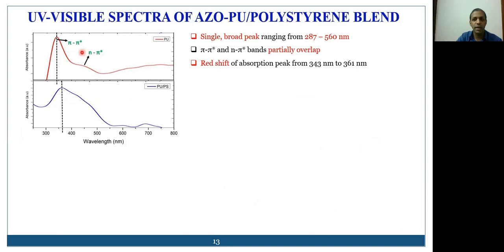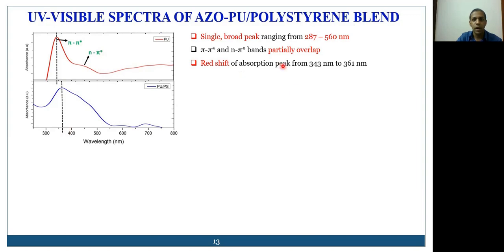What we see here is that the two signature peaks of azo-PU appear as a single broad peak ranging from about 300 nanometers to 560 nanometers. The pi to pi star and the n to pi star bands overlap, and there's an overall red shift of the absorption peak from 343 to 360 nanometers.